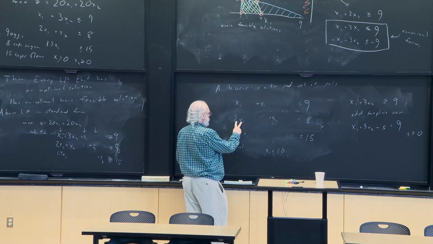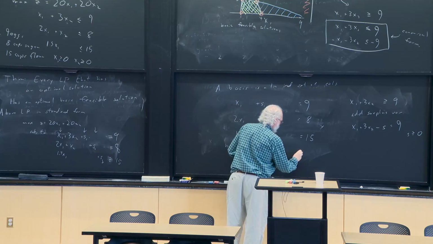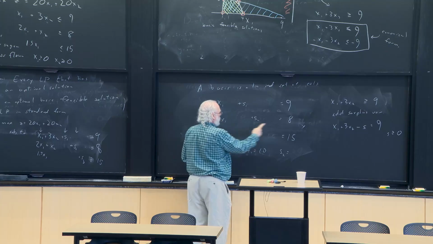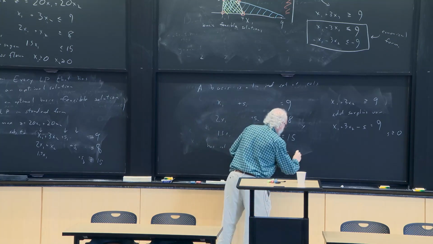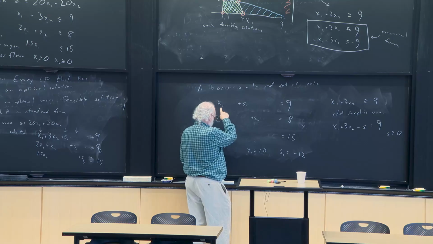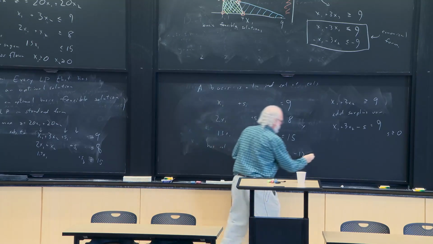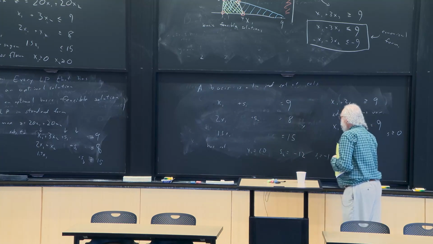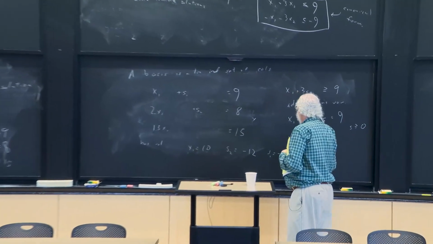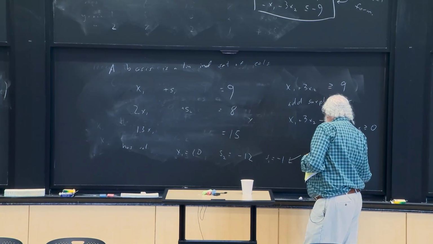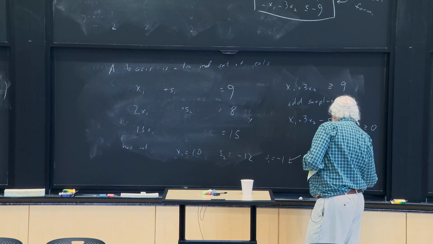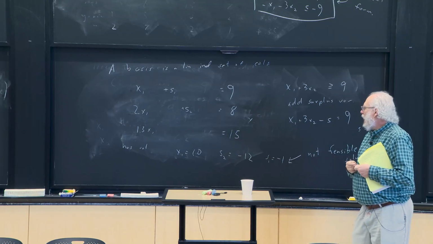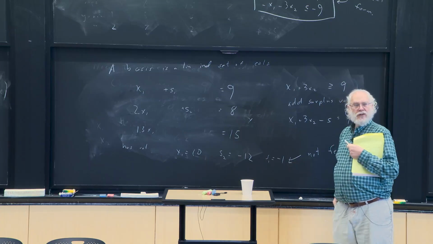And now you could use this to get s2 equals 8 minus 20, which is minus 12, and s1 equals minus 1. So you can see that this basis is not a feasible solution, because it violates the non-negativity constraints.